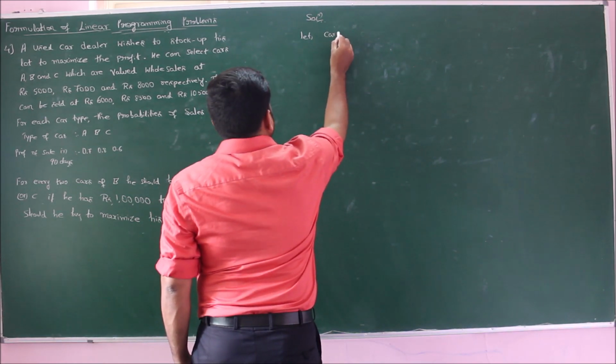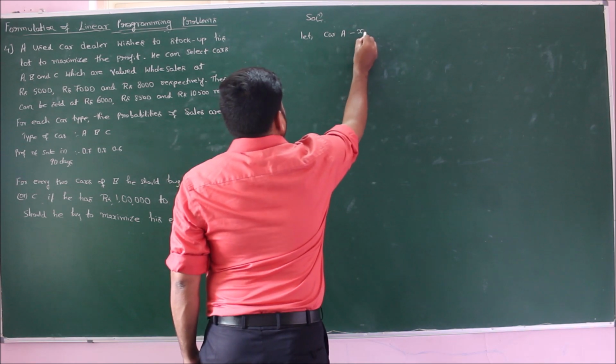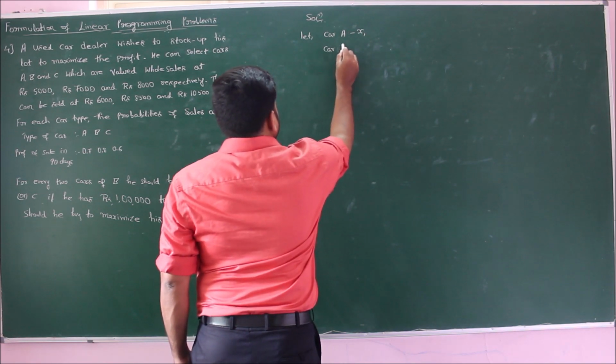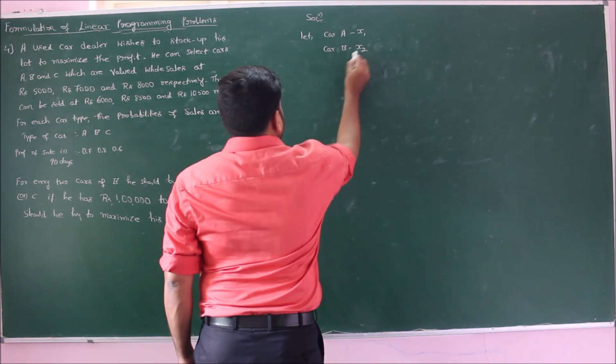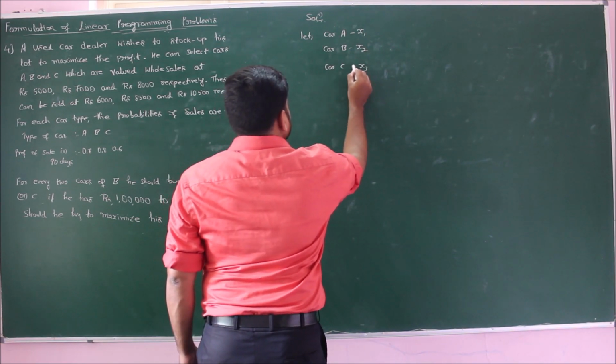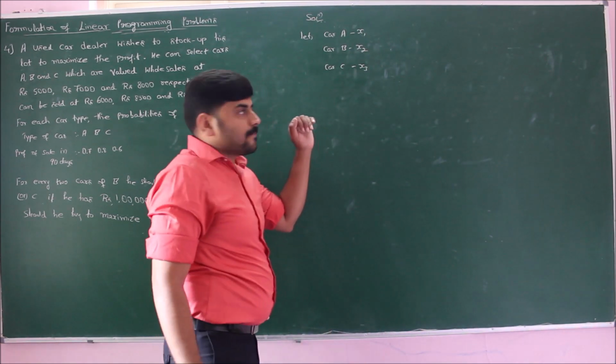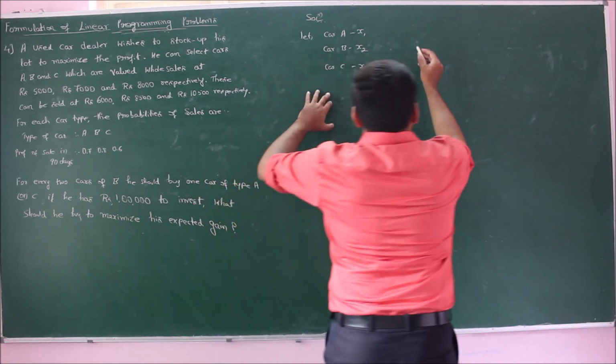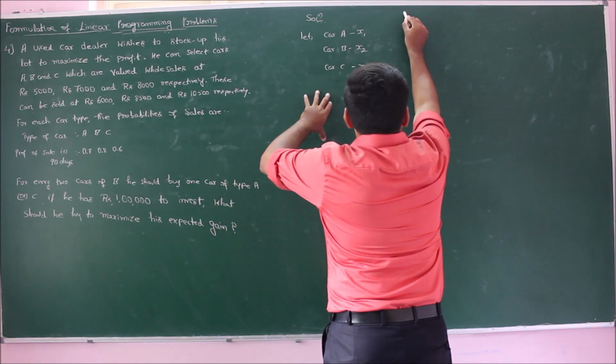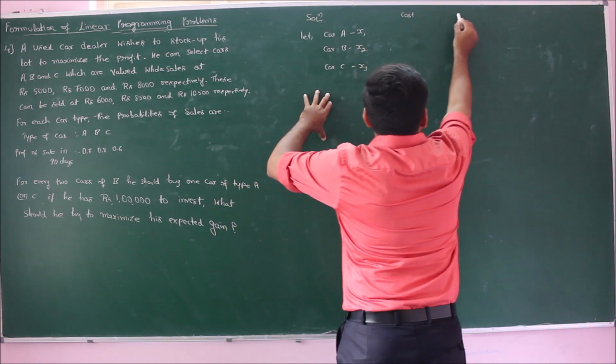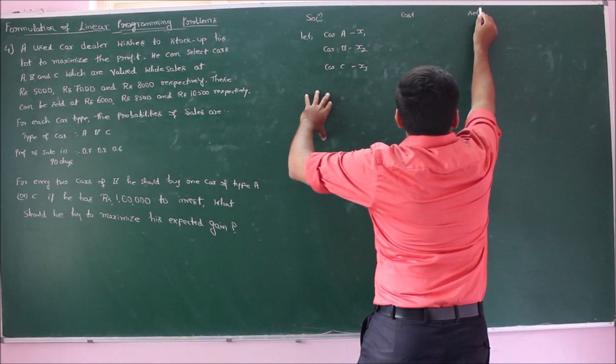Let car A be denoted by x1, car B by x2, and car C by x3. Now he has given the cost price and we know the selling price.